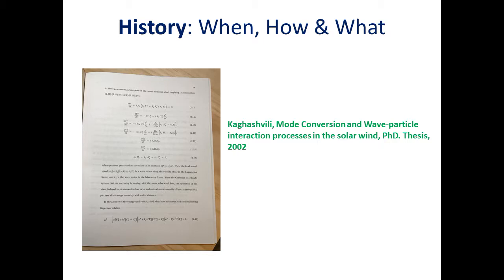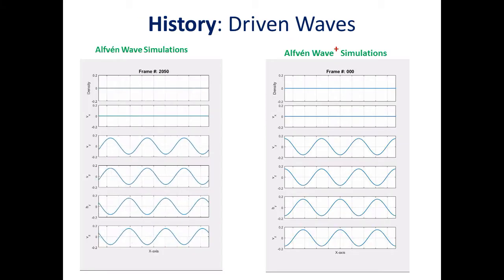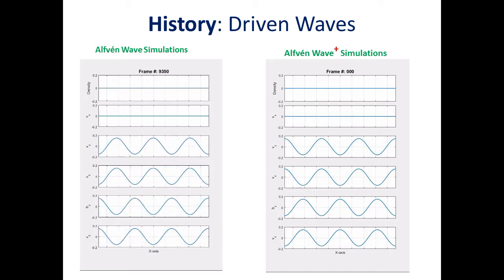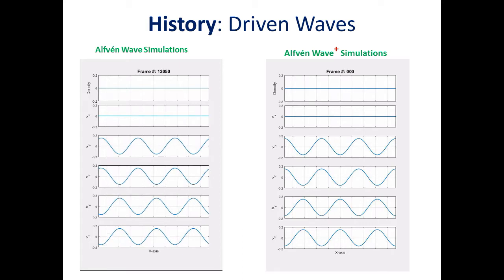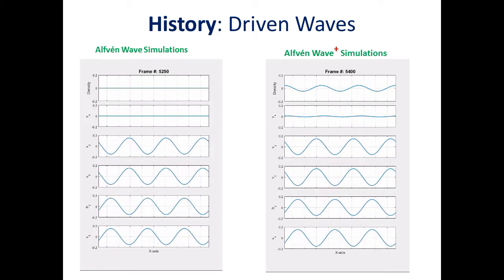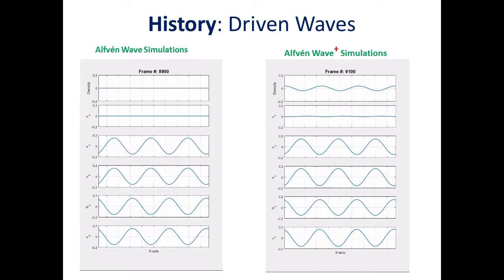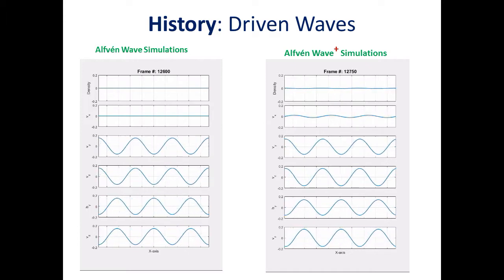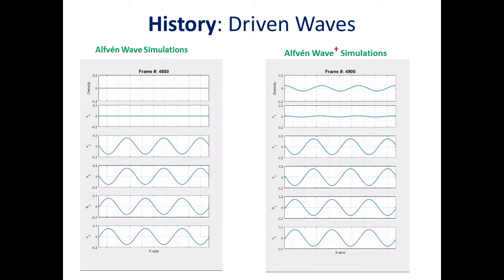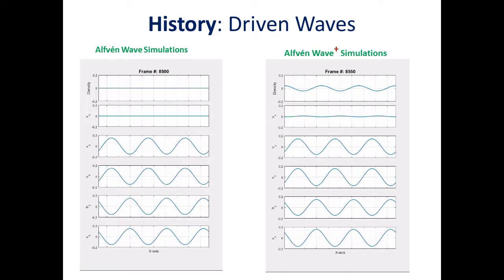What was surprising for me was that when no mode conversion was expected, I could still see the density fluctuations. And it was surprising because if you take pure Alfvén wave simulations on the left-hand side here, and the magnetic field is along the x-axis, you could see that the waveform is polarized, fluctuates in the y and z plane, propagates along the x-axis nicely, and there is no density or longitudinal velocity fluctuations.